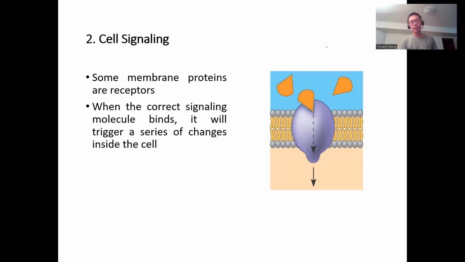So here, we'll just say hormones. It will bind to an integral protein, and then the protein will transmit the signal inside the cell, which then causes the cell to do various things.